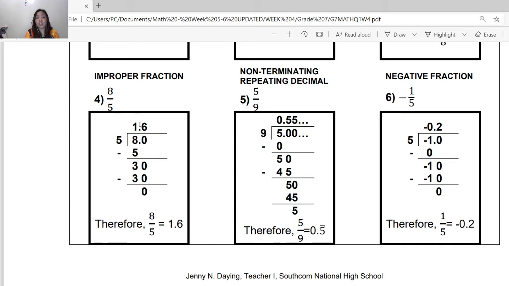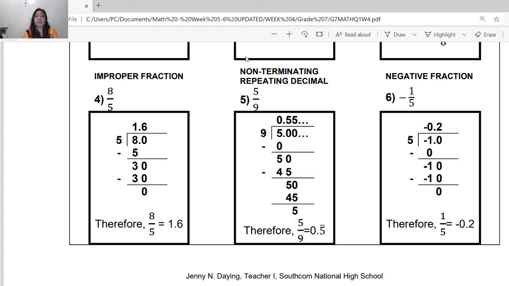But do not forget the decimal point, which must be indicated before adding the 0, in line with the quotient. So bring down 0, and 30 divided by 5 is 6. 6 times 5 is 30. Subtracting, that is 0. So therefore 8 over 5 is 1.6.